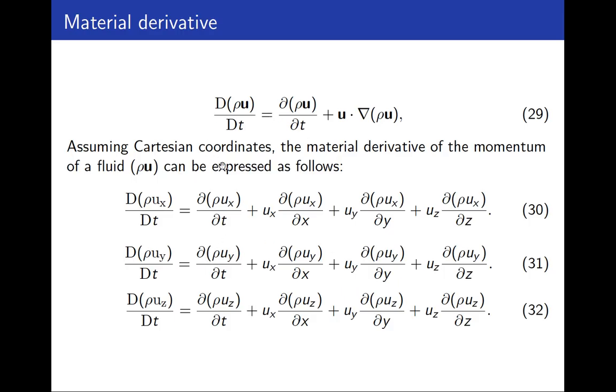So let's express this material derivative in Cartesian coordinates. For the momentum, this derivative can be expressed as follows. Remember that the vector u means that we have a vector quantity, so this is actually a system of three derivatives.